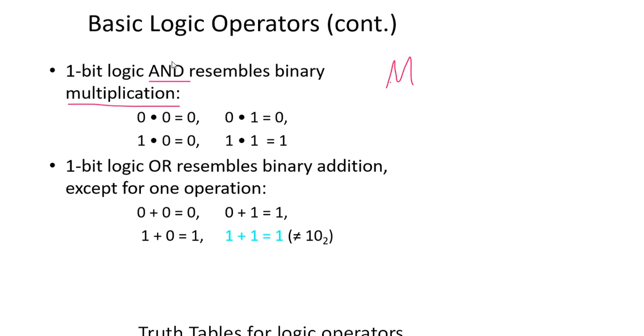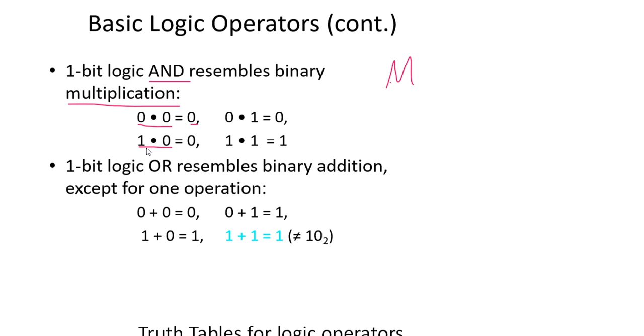If you AND 0 with 0, that is 0 dot 0, the result will always be 0. 0 ANDed with 1, that is 0 dot 1, equals 0 again. That is the same thing we deal with in normal mathematics, right? Anything multiplied by 0, you will get 0. That is how we are dealing here.